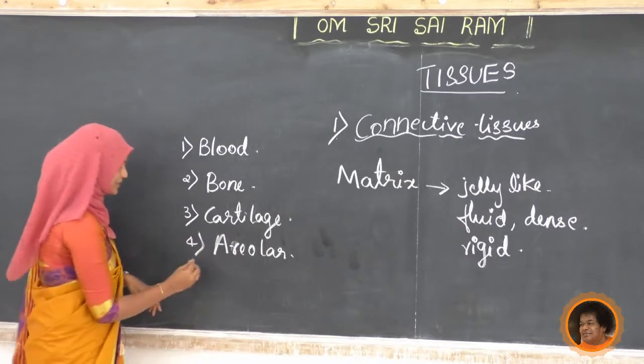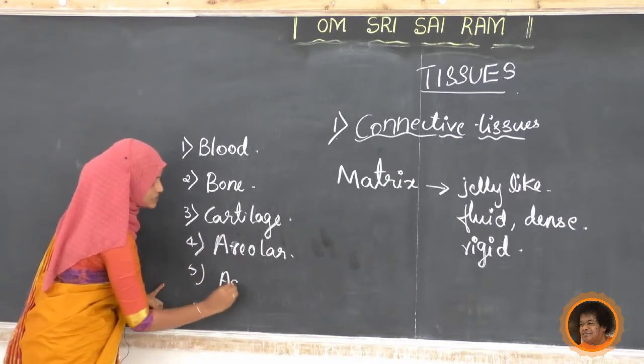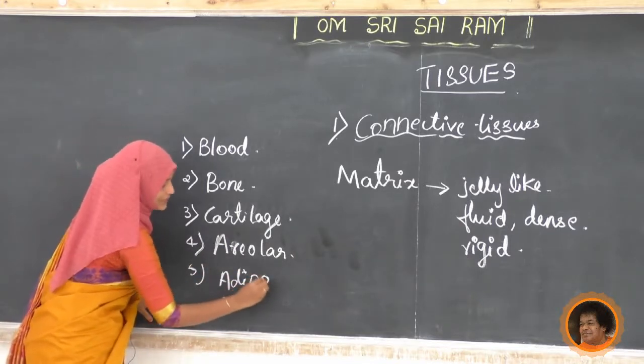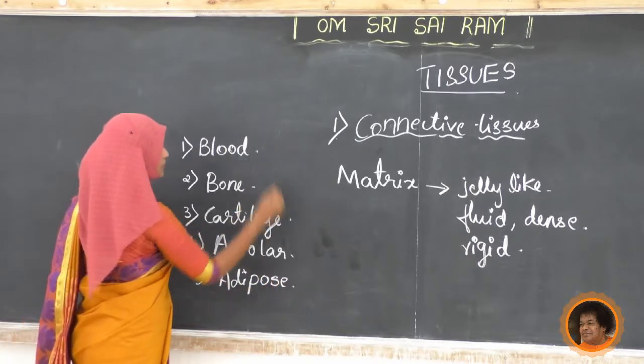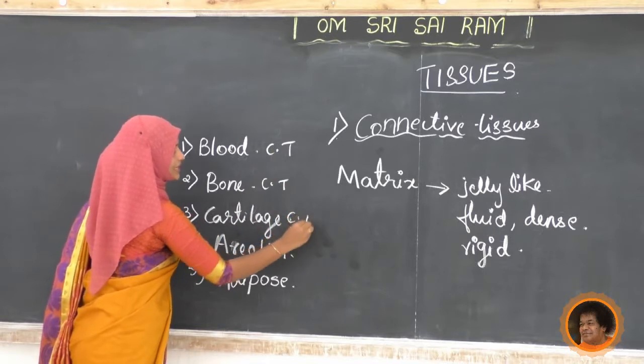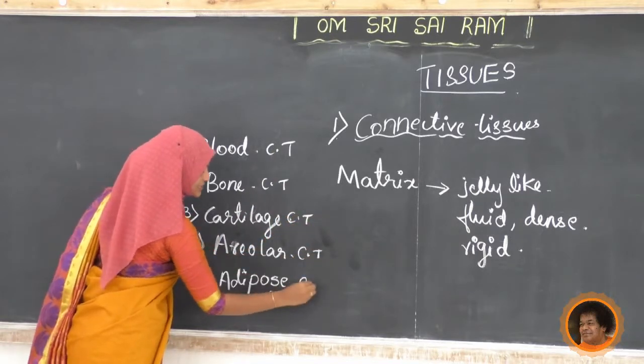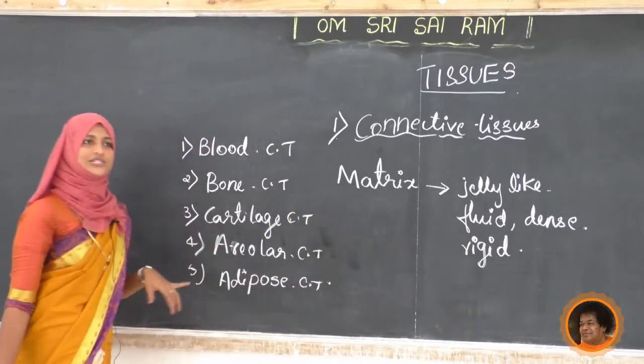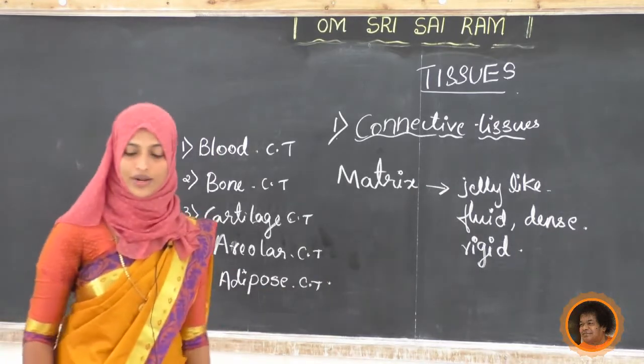Next one is adipose connective tissue. So you have to write all these things here as connective tissues. Next we will see them one by one.